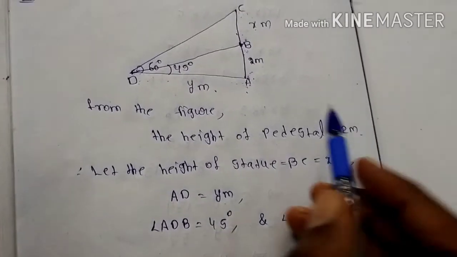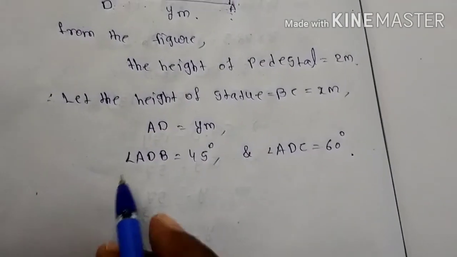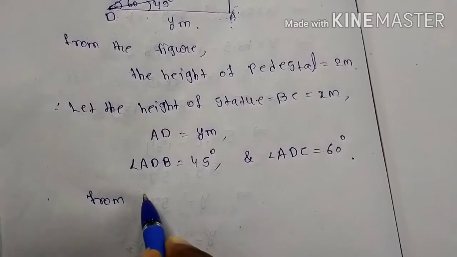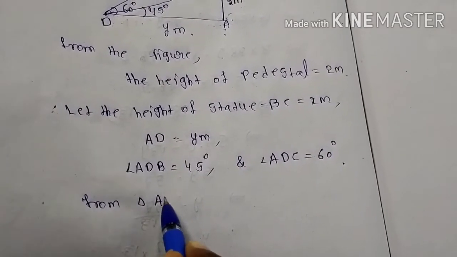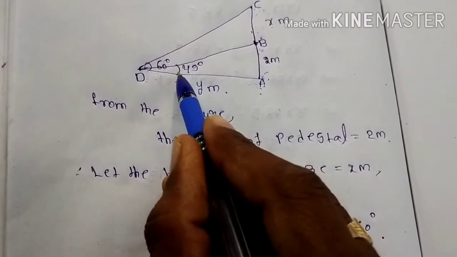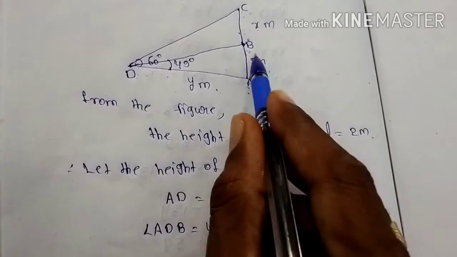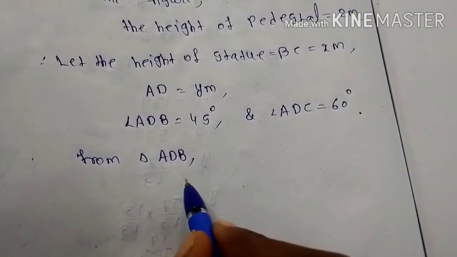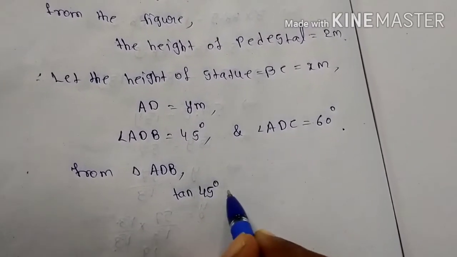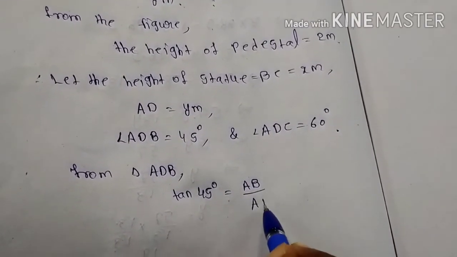Now you can consider triangle ADB. From triangle ADB, you know that tan theta is equal to opposite by adjacent or not? That means I can write AB by AD. Yes. Tan 45 degrees is equal to AB by AD.